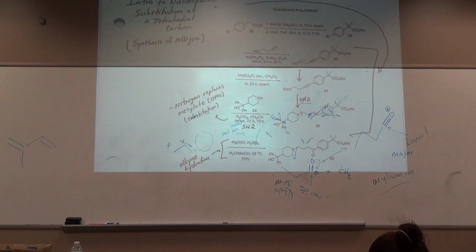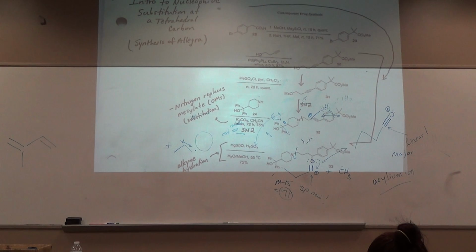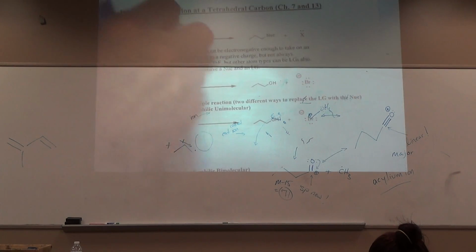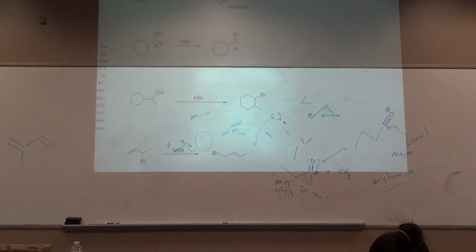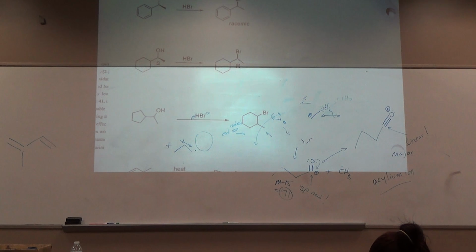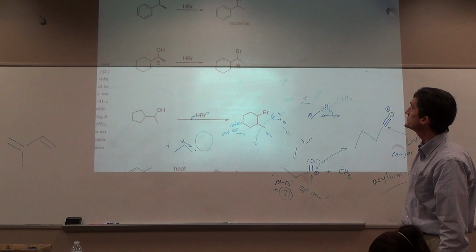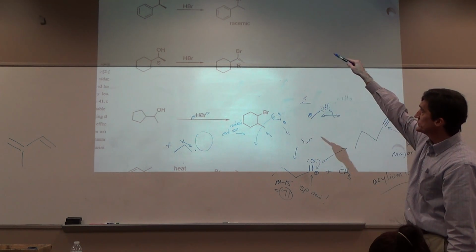Here's an example of an SN2. It's also an alkyne hydration, and that same reaction is in your lab pre-lab. Here are some warm-up questions. These are the types of questions we need to be able to do after substitution. We'll learn SN1 and SN2.